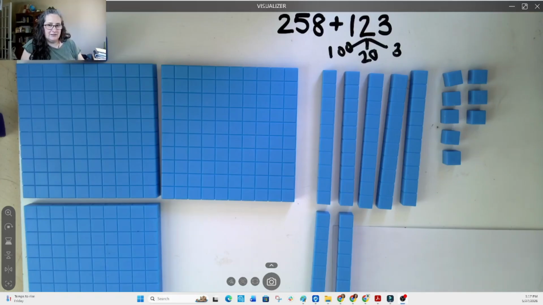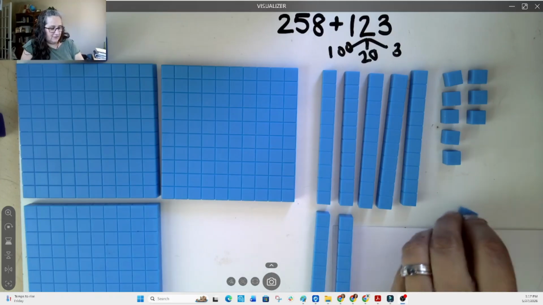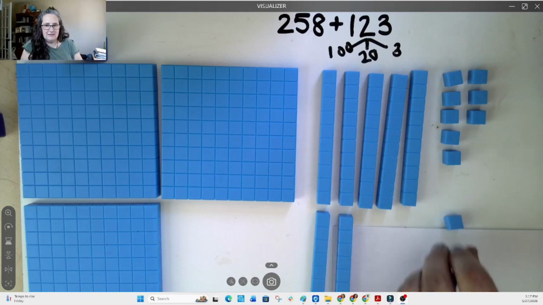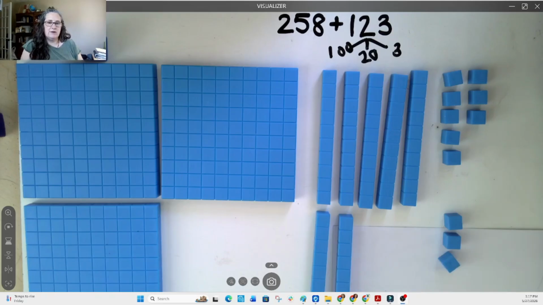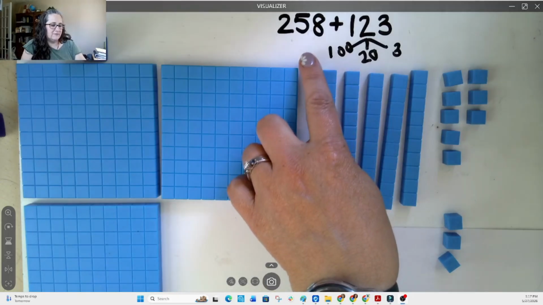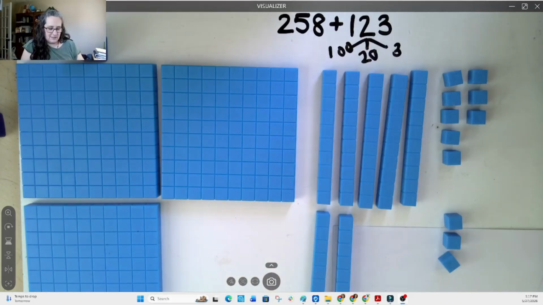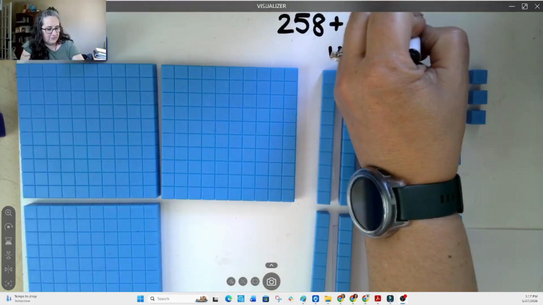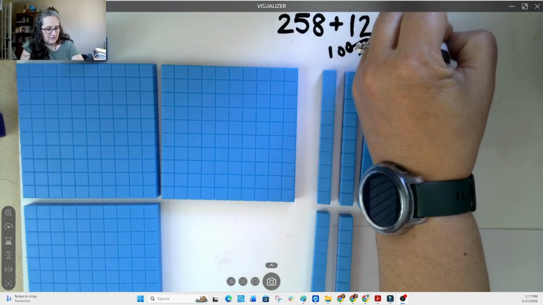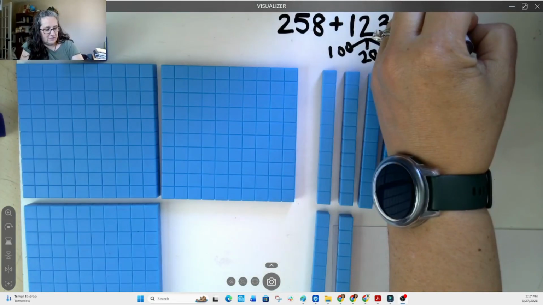So I am at 378, 379, 380, 381. Adding on by place value unit is kind of like counting on, only a little more complicated. I added 258 plus 123, and I got 381.